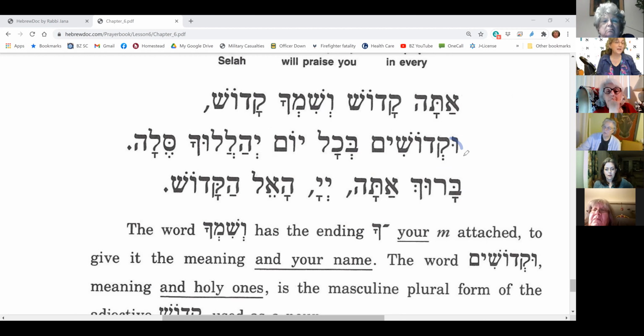If I turn this into a ha, even though I added a short vowel here, it's still a moving shva, because it was the beginning of a word. And that's why I have to have a dagesh in it anyway. It's still a moving shva. Ha-kedoshim. It's not going to turn into hak-doshim. It's still going to be ha-kedoshim.